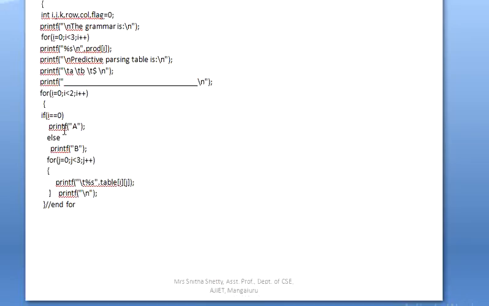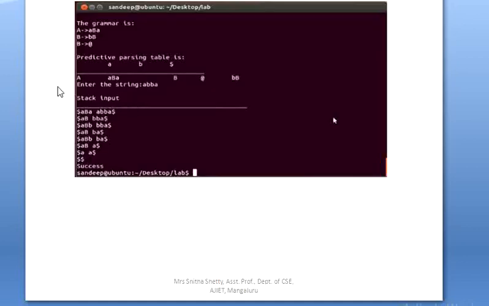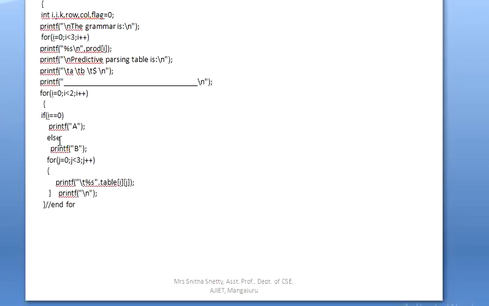Look at here, for i equal to 0, i less than 2, i plus plus. First we initialize i equal to 0. Next we check the condition whether i is less than 2. If i equal to 0, print A. Obviously i is 0 initially, so print A. Look at the output, it will print this A. I'm not coming to the else part because i equal to 0.